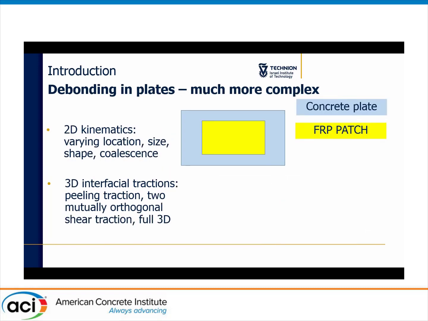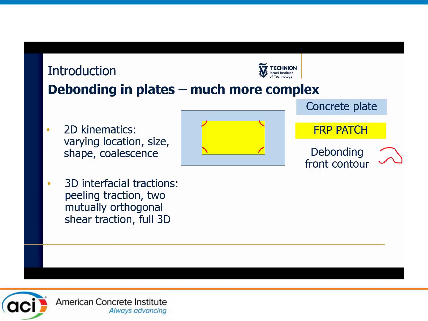If we consider the problem in plates, it is more complex. Consider in gray a concrete plate strengthened with an FRP patch. In this case, the kinematics are two-dimensional as opposed to one-dimensional, and the interfacial tractions are three-dimensional.